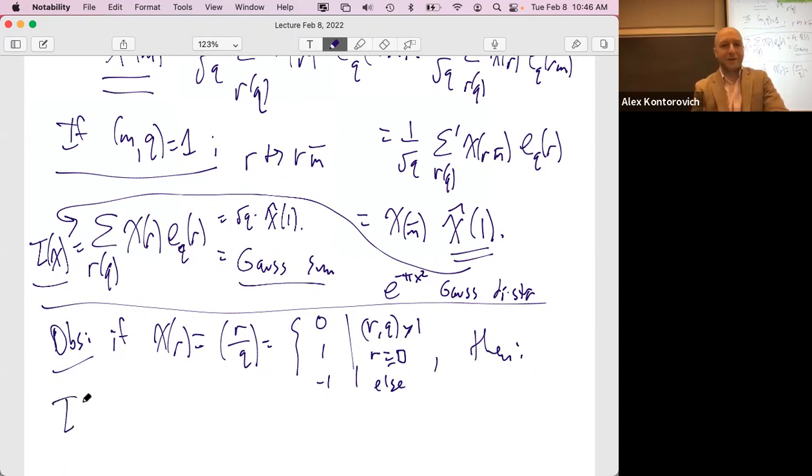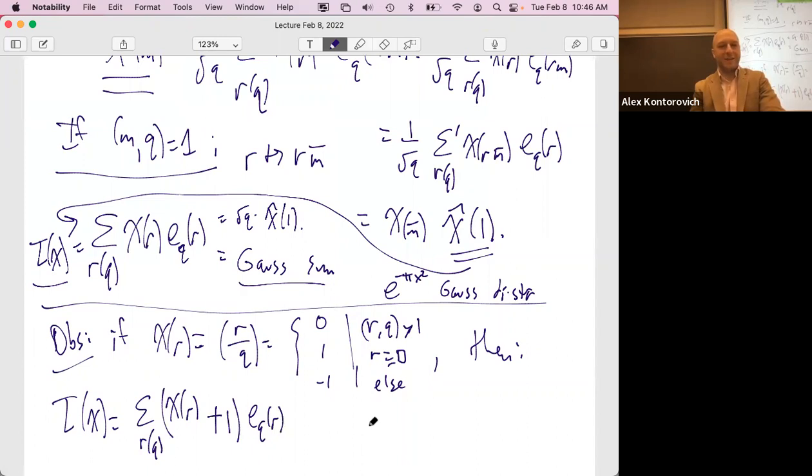Tau of chi is a sum over all r of chi of r, e sub q of r. I claim I can add a 1 in here. Why is that?